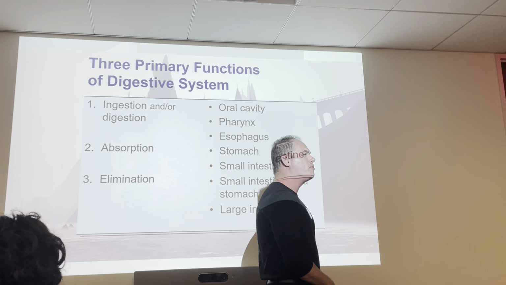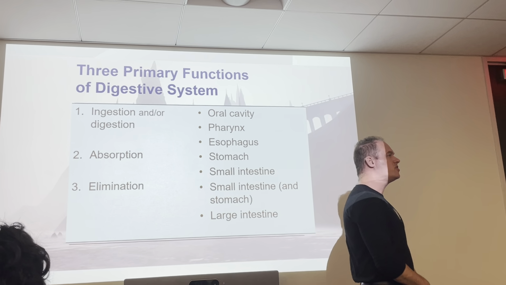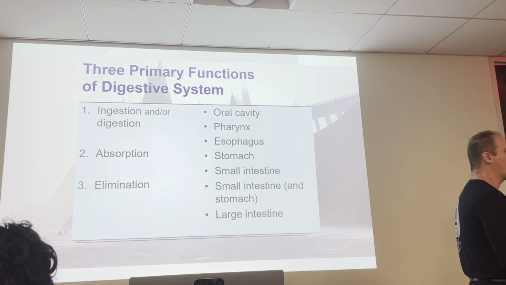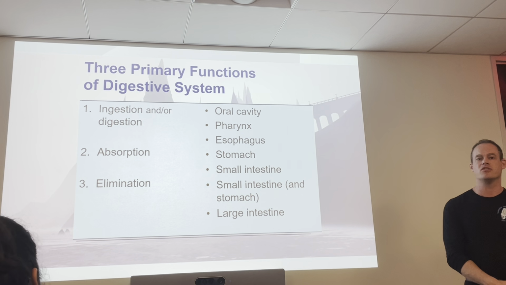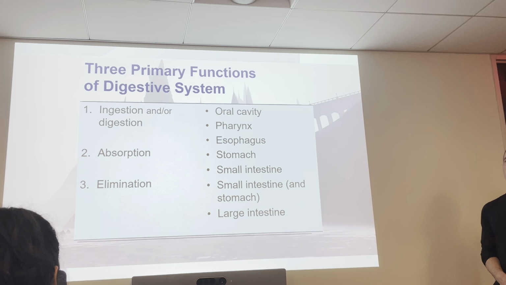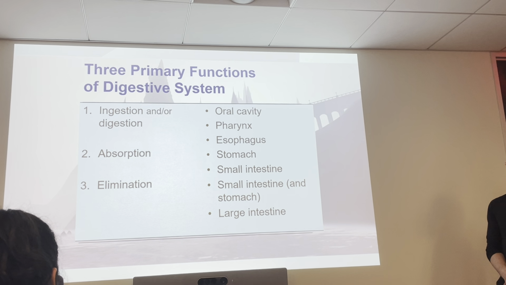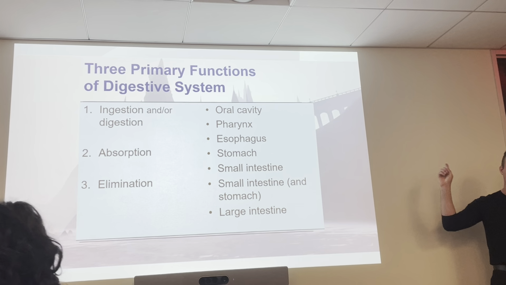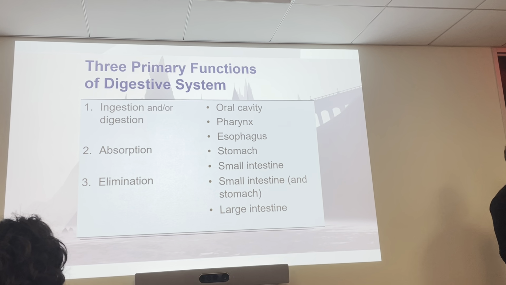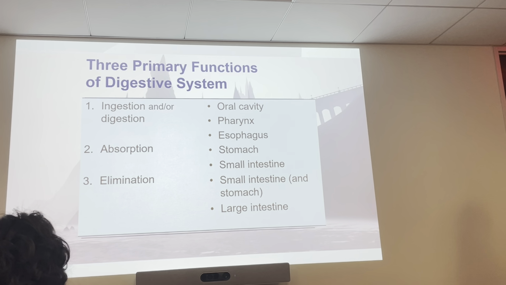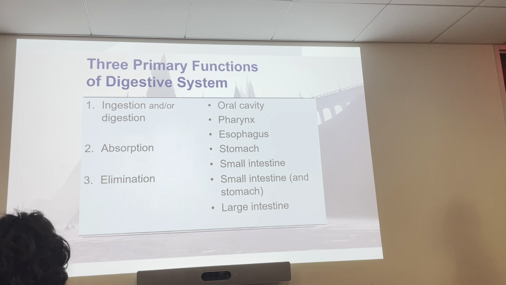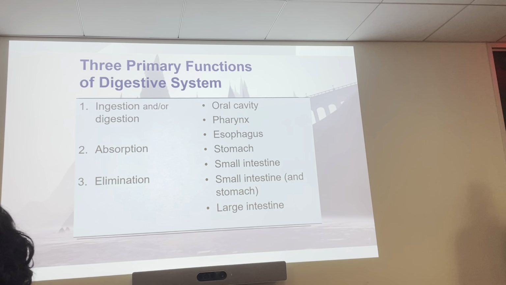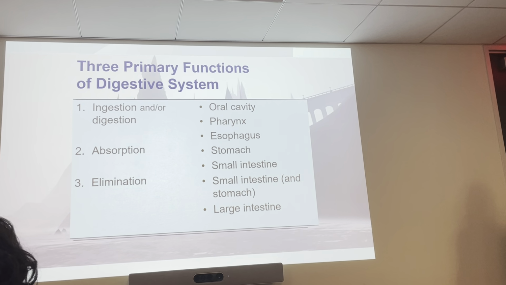All right, so 3 primary functions of the entirety of the digestive system. We begin with number 1, the ingestion and/or digestion. That's taking place in our oral cavity, pharynx, and esophagus primarily. Great questions can come from this chart, by the way. A lot of great questions. Number 2, absorption, which takes place in the stomach and small intestine. And then elimination, which is we eliminate the waste products.